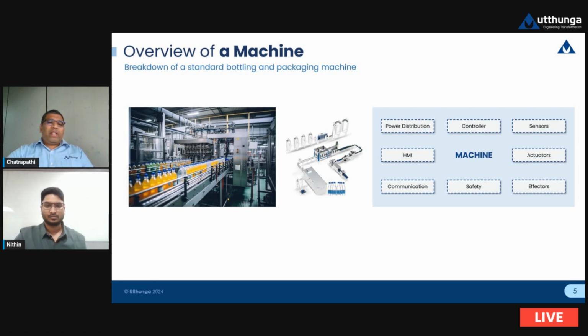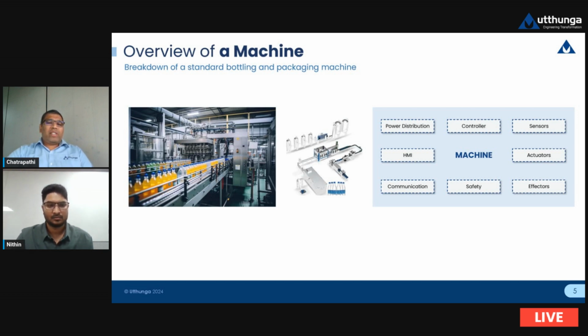And end effectors is where you will see the final outcome of all these coming together, such as an arm placing a specific product in a specific position, or a hand closing a box, or another roller sealing the box, or a heat-based cutter cutting and sealing a packing roll, and so on.